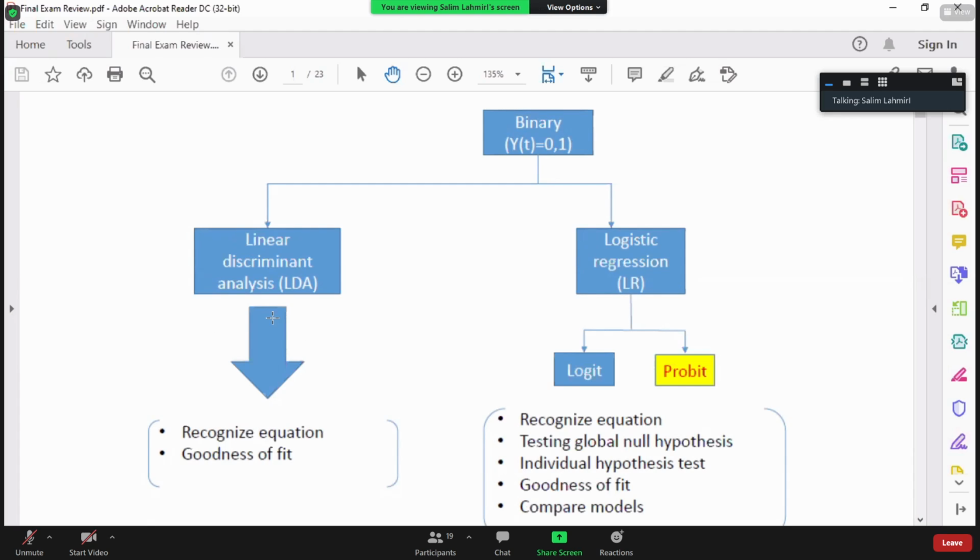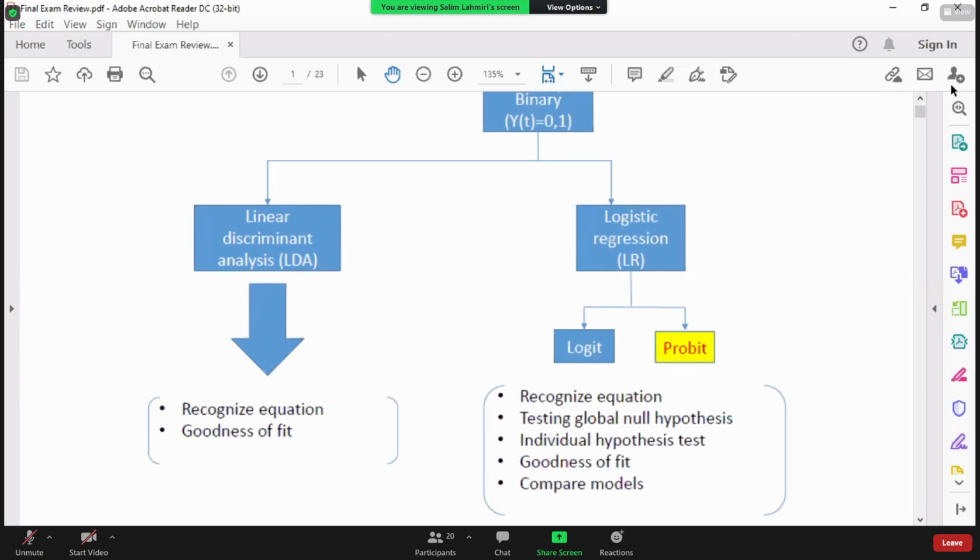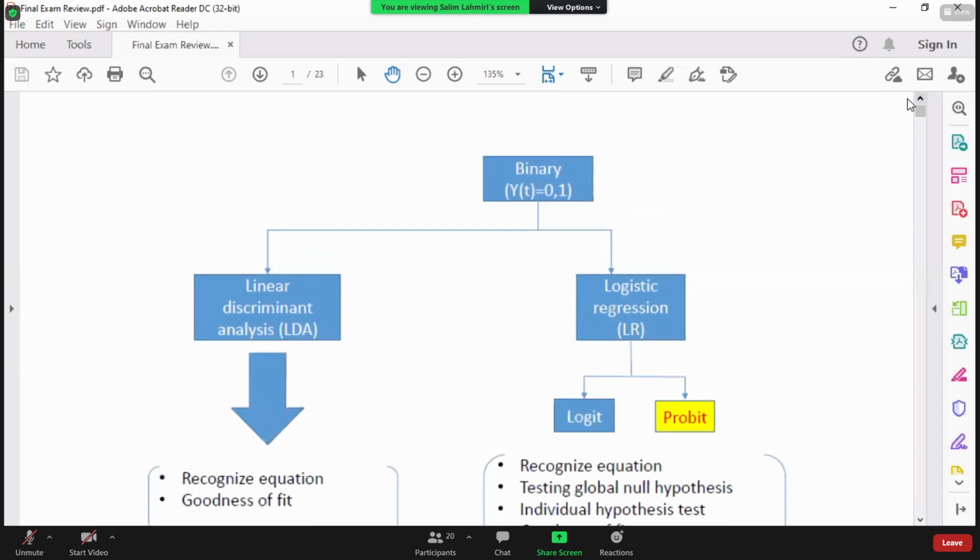Under linear discriminant analysis, you need to recognize the equation, because there are two regressions: the first one for y equal to 0, and the second one for y equal to 1. The starting point is that y at time t is equal to 0 or 1. Yt is binary.